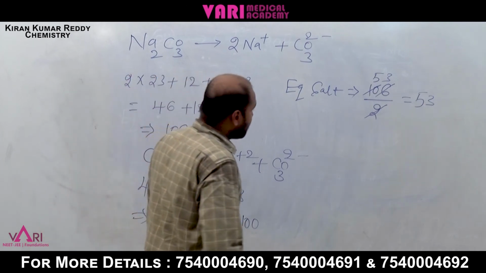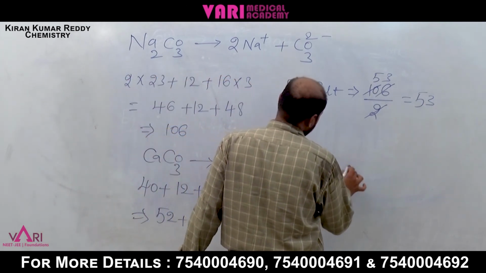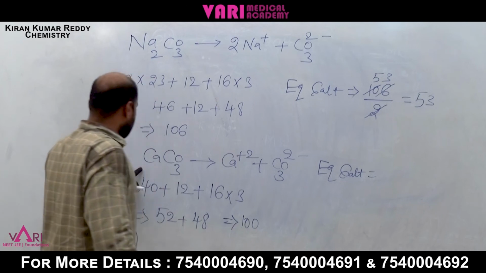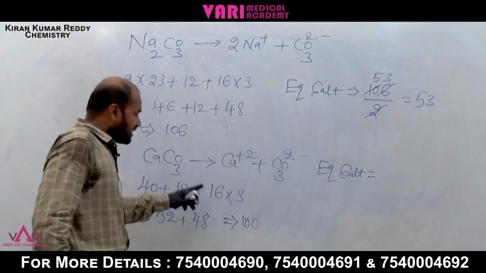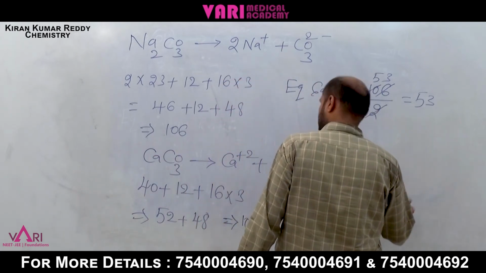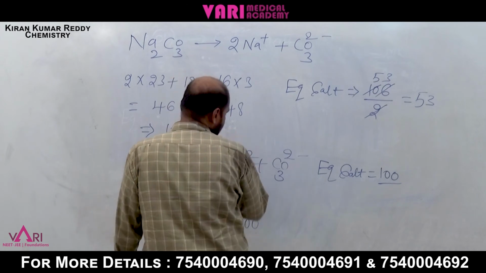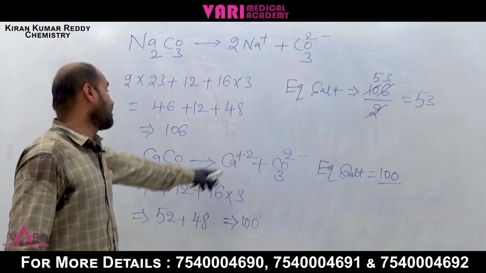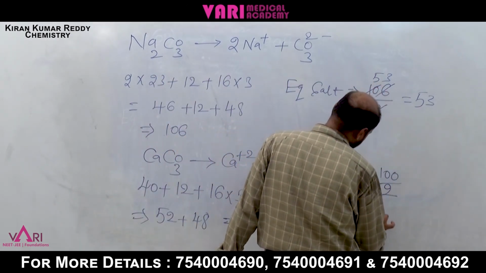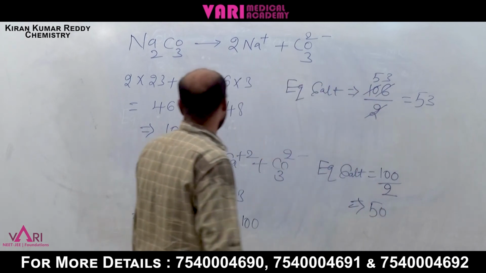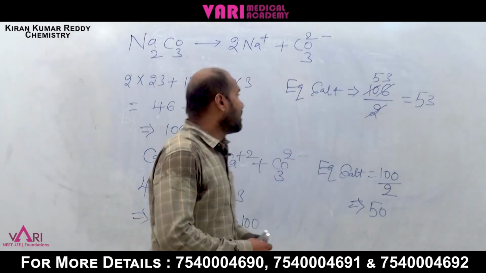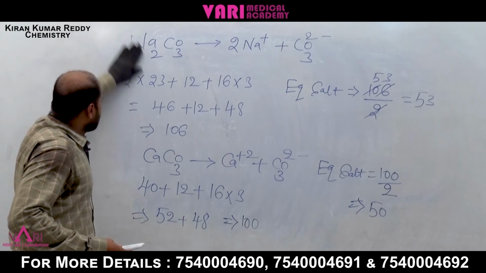Now what is the equivalent weight of salt? 100 by the charge on cation. What is the charge on cation? Plus 2. The total charge on cation is 2, that is equal to 50. What is the gram equivalent weight of CaCO3? 50. What is the gram equivalent weight of Na2CO3? 53.